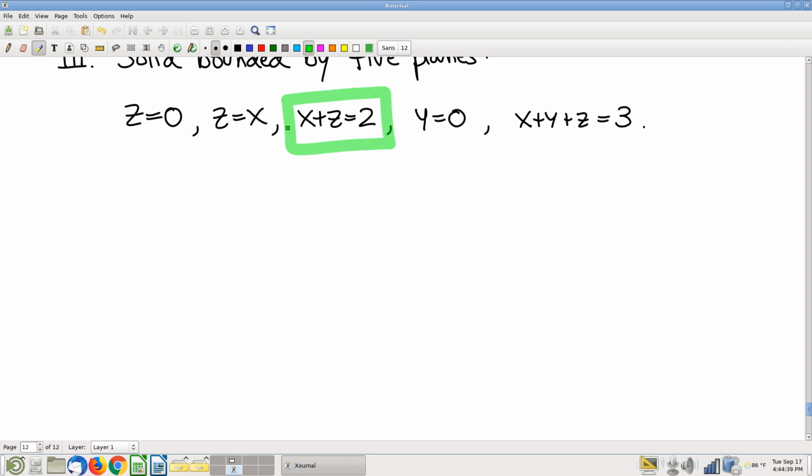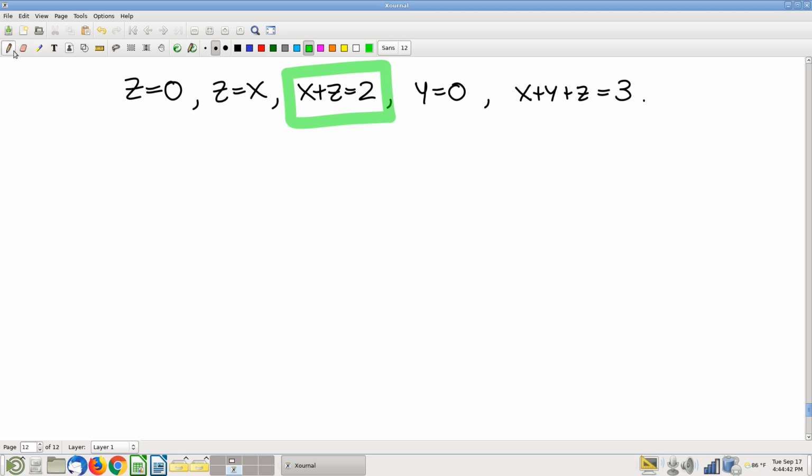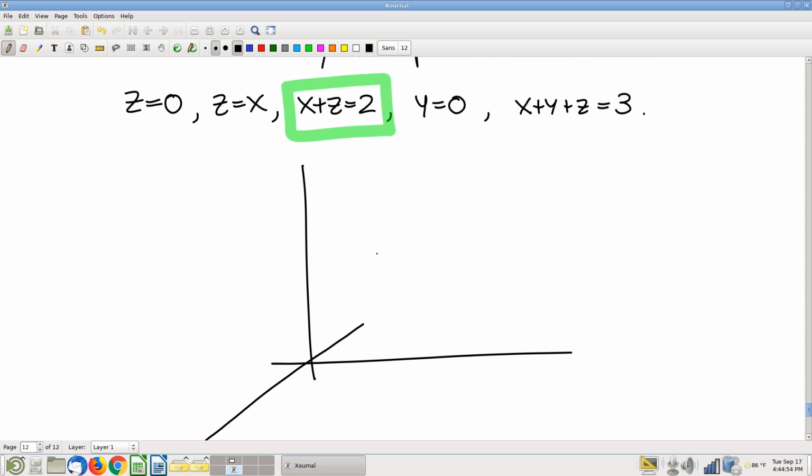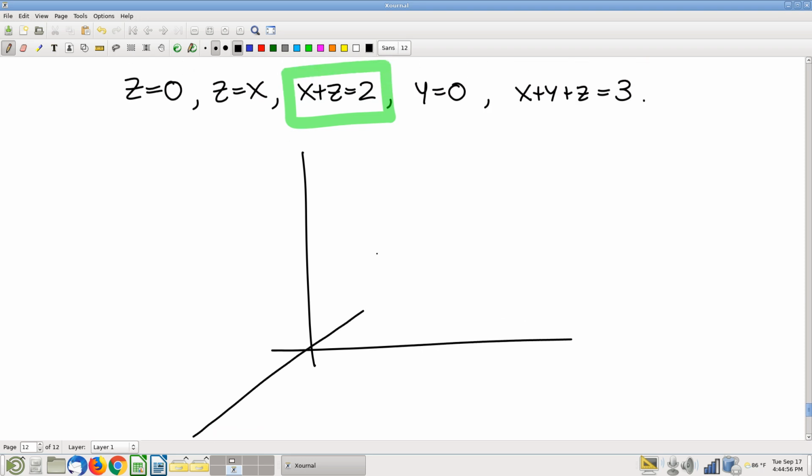I'm going to draw a picture of that plane, and what I get out of the fact that there are no y's in there, convenient upshot, is that plane is parallel to the y-axis. Now here's how I know. If I were to have some point on that plane, right, it satisfies that equation.